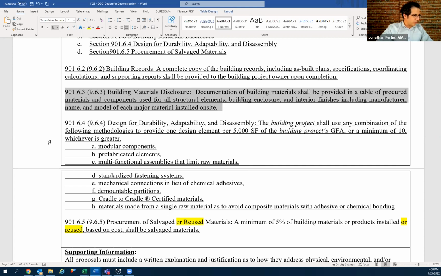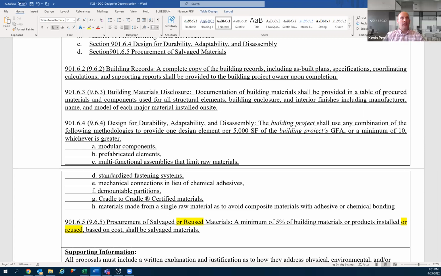One of the things I was just looking at is whether we could specify an ISC file, which is like an open standard used between different software platforms, so that we were specifying that people needed to provide something that would be useful in the future. Who knows what software we'll be using in 10 years. But yeah, relying on a BIM model for material takeoffs is a little bit dangerous right now.